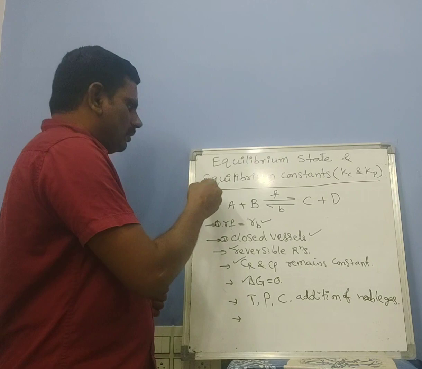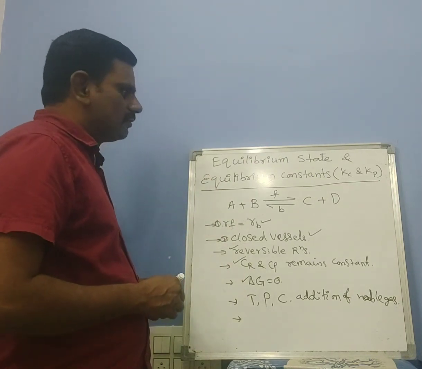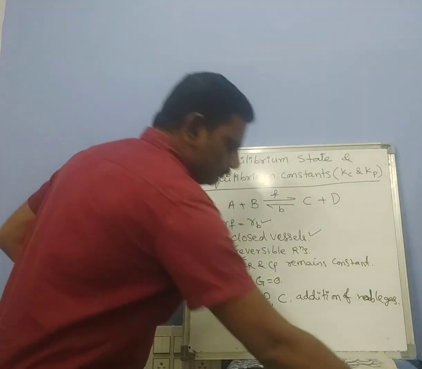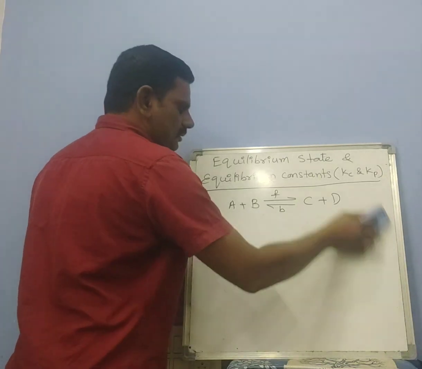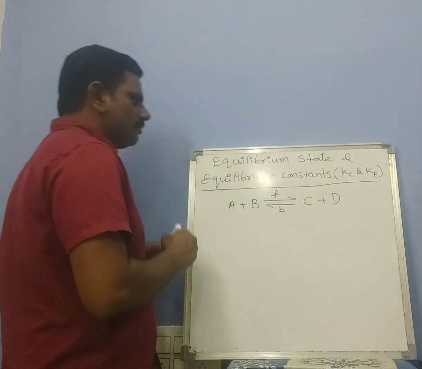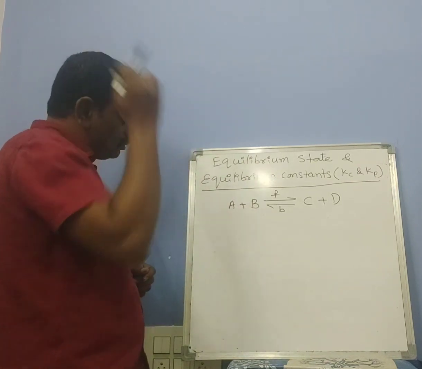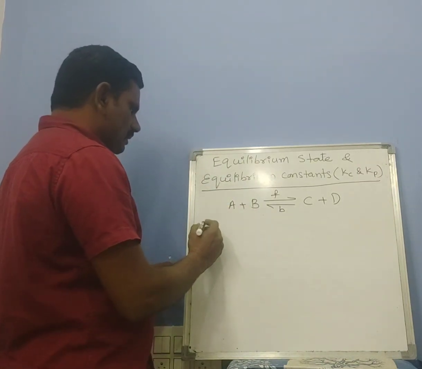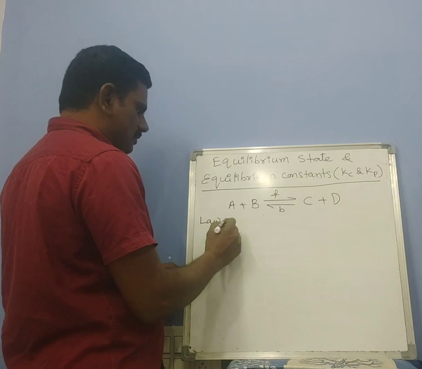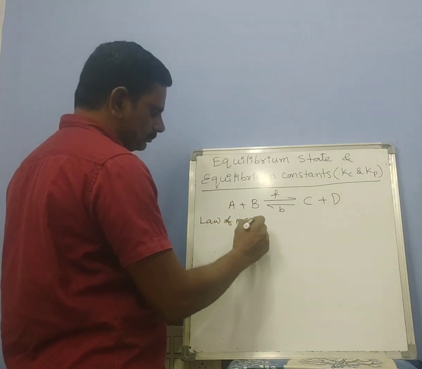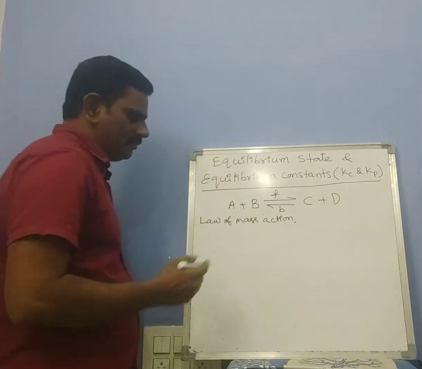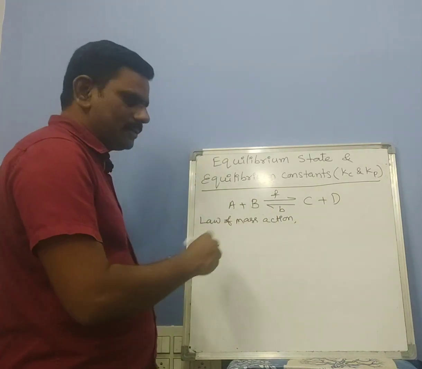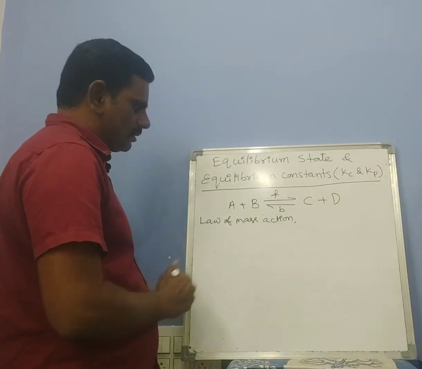Now we are going to understand about equilibrium constant. See, for the same reaction, how would we write equilibrium constants? We know the law of mass action. The same thing came in chemical kinetics also in the case of rate.